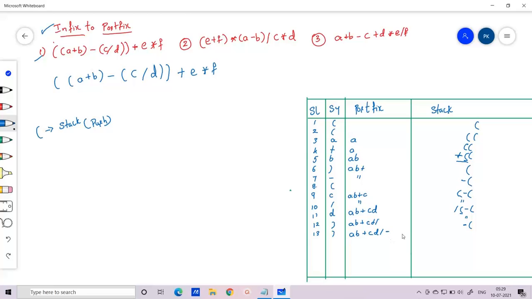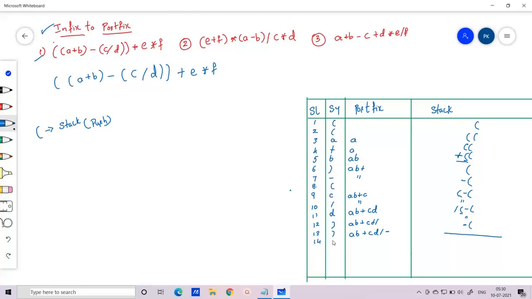This minus operator will be removed from the stack and written onto the postfix expression, and the opening bracket will be taken out of the stack. Now we go to the 14th character. Here the stack will become empty when you come to this position, after the 13th character.